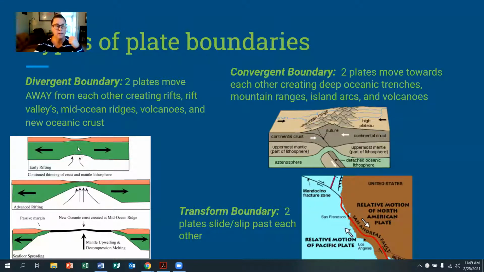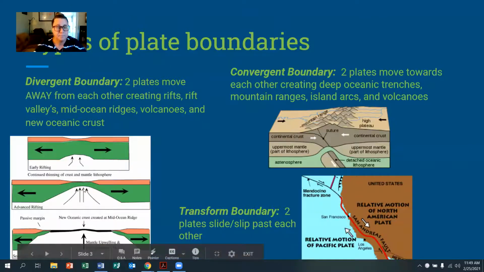So our magma is going to be pushed up, and the plates are separating. So the lithosphere is thinning out while the plates separate. We have more advanced rifting here and more thinning of the plates.